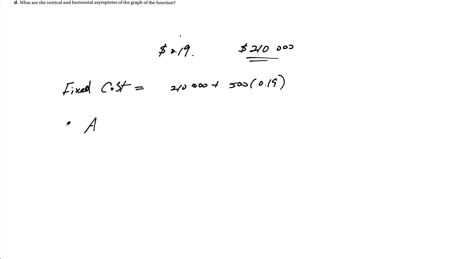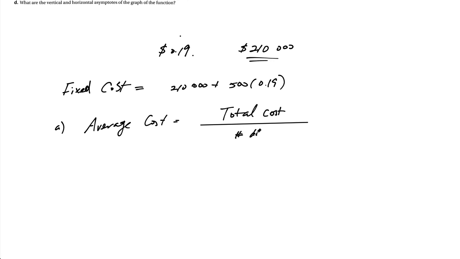All right, so for A, the average cost is the total cost over the number of DVDs that are sold.